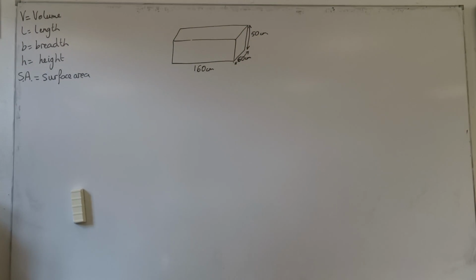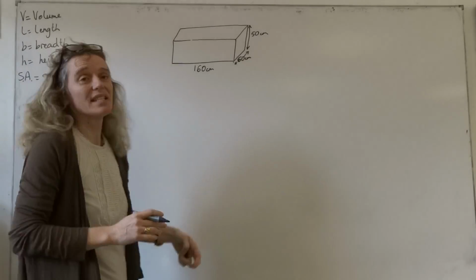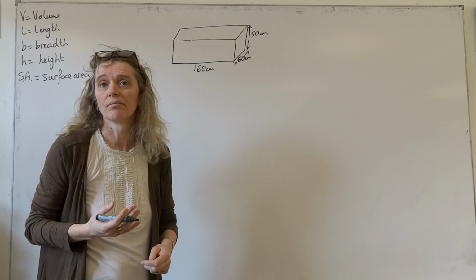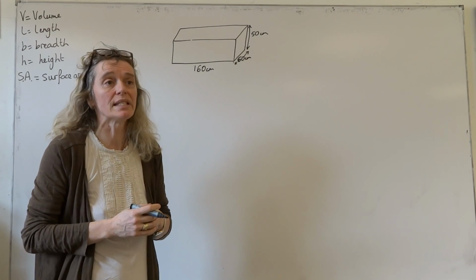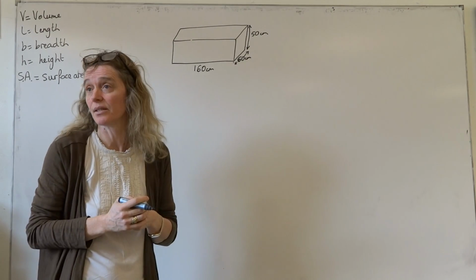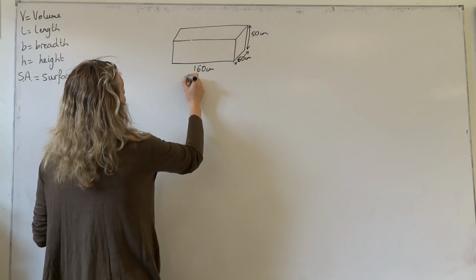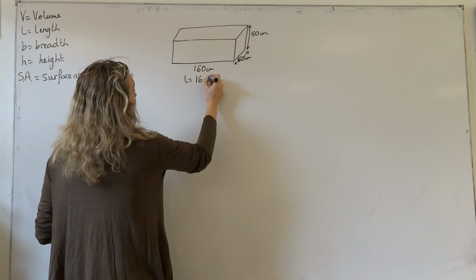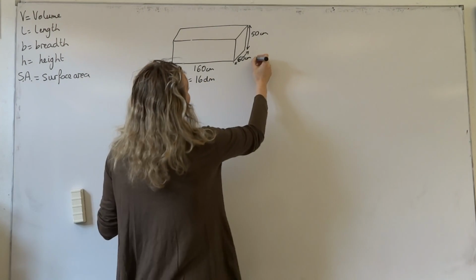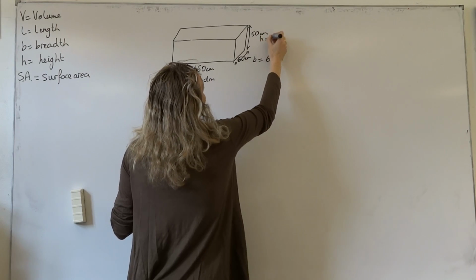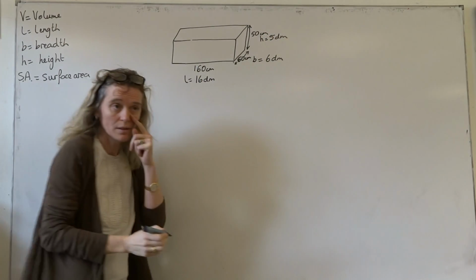Well, the easiest thing, if we know we're looking for litres of water, let's not work in centimetres. Much, much easier if we convert all of these lengths already to decimetres. Then we get our answer in litres. So let's say that the length is 16 decimetres, the breadth is 6 decimetres, and the height is 5 decimetres.